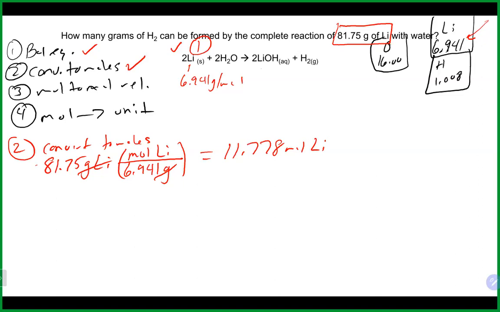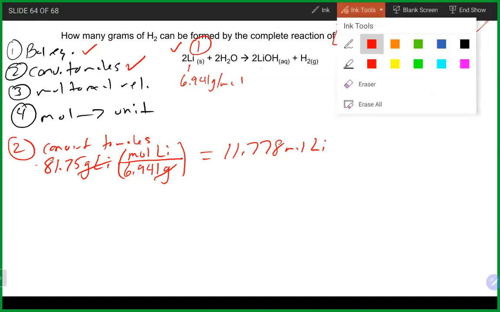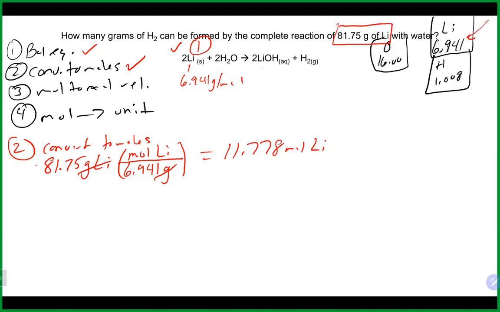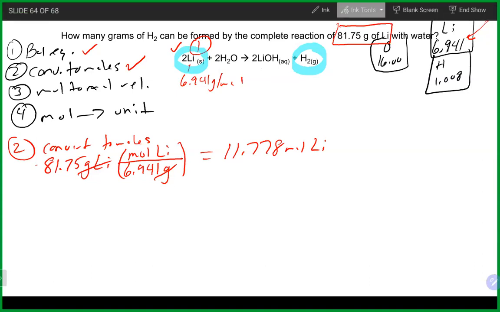Next step is we're going to go to the equation, and this is really the stoichiometry part of it. We're going to find the 2 things we're interested in. And in this particular case, it's actually the same 2 things as we did previously. We are interested in lithium because, frankly, that was what was given to us. And we were once again interested in H2, which is what we're trying to find in this case.